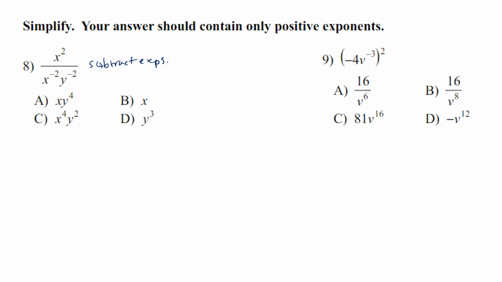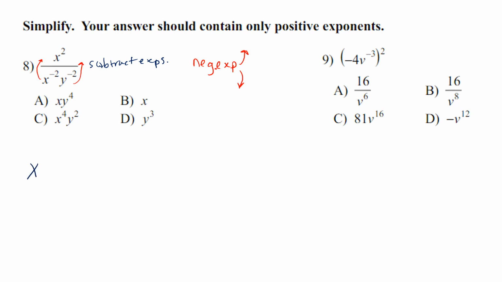Anytime you see a negative exponent, it's either going to move up or move down, depending on where it was negative to begin with. So in this example, x squared over x to the negative second, y to the negative second, both of the terms in the denominator have negative exponents. So to make them positive, I'm writing their reciprocal, I'm flipping them.